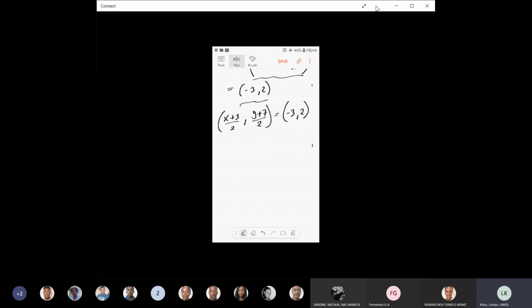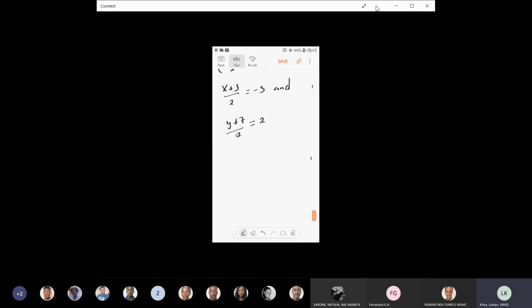Now 2 points are equal if and only if their x coordinates are equal and the y coordinates are equal. So this means that (x plus 3) over 2 is equal to minus 3, and not or, and (y plus 7) over 2 is equal to 2. So both of those must be equal, then those points are equal.